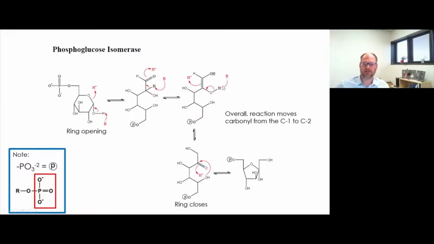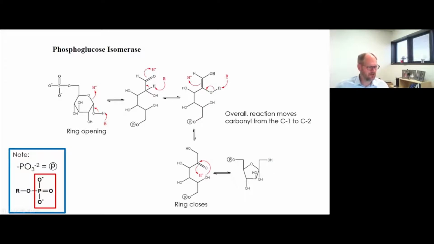A base then abstracts the proton again from the hydroxyl on carbon 2, and that ultimately results here in this keto form of this molecule. Then a ring closing reaction occurs where the hydroxyl out here on carbon 5 makes a nucleophilic attack on the carbonyl, allowing the structure to close and forming this five-member ring, fructose 6-phosphate.